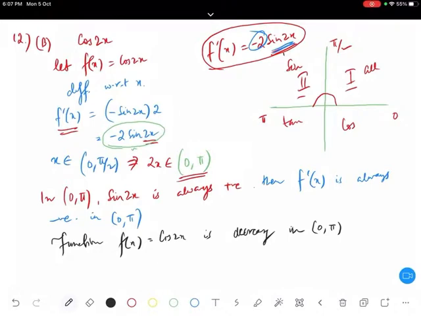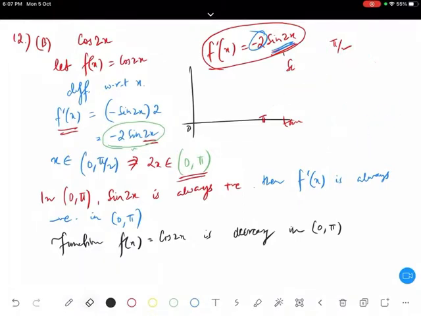Let me draw a graph and explain. So if I have 0 in here, pi by 2 in here, and pi in here. If I say the function is decreasing from 0 to pi, can't I say the function is decreasing from 0 to pi by 2?